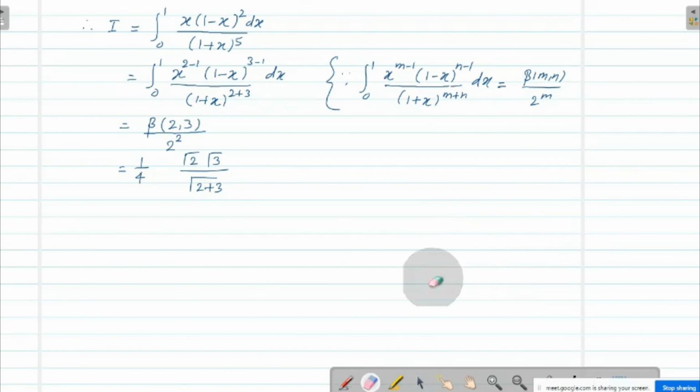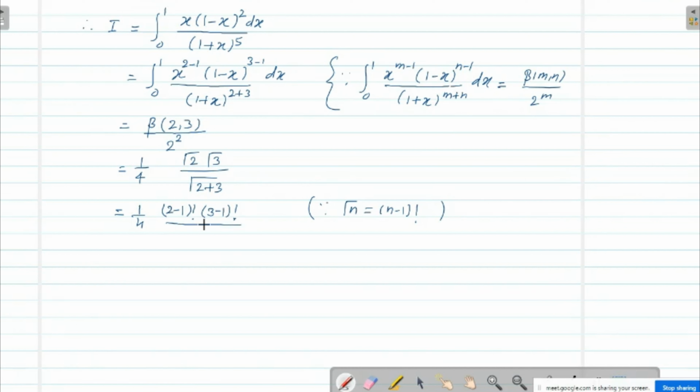If you understand, fine; for those who don't, look, this equals 1 by 4. Now I am using here the formula gamma of n equal to n minus 1 factorial. Please remember this formula. So this is 2 minus 1 factorial, and gamma of 3 can be written as 3 minus 1 factorial.